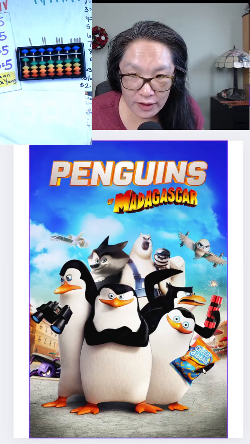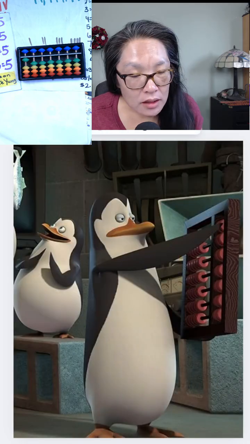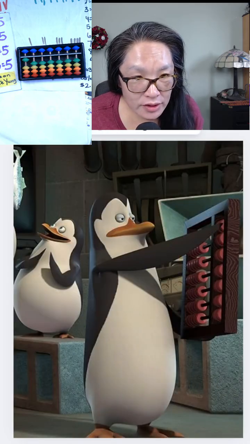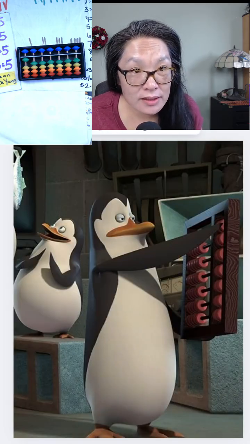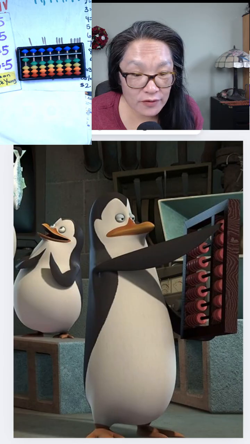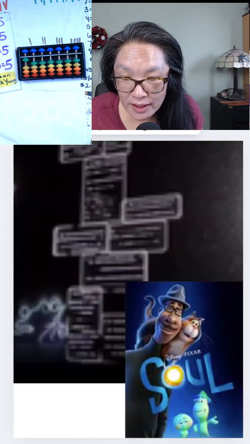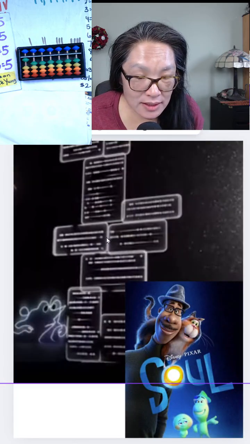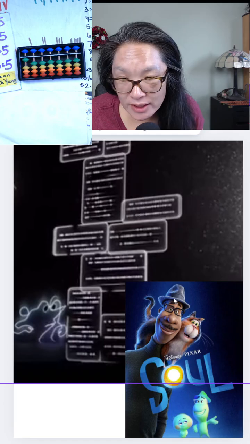So for those of you who remember Penguins of Madagascar, Kowalski actually upchucks an abacus. Just a thought. Kind of gross. I don't know if it's slimy, but it is there. And then in Soul, they use an abacus type, and what they're doing is they're just counting souls.